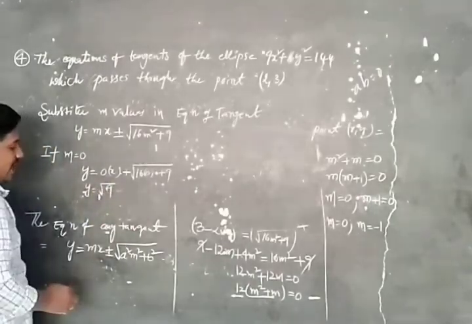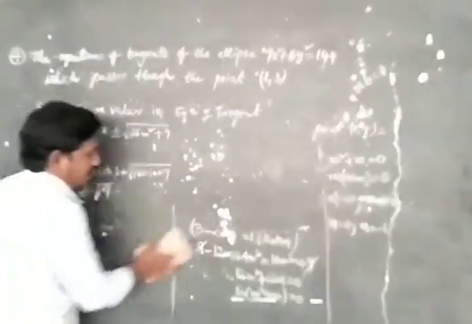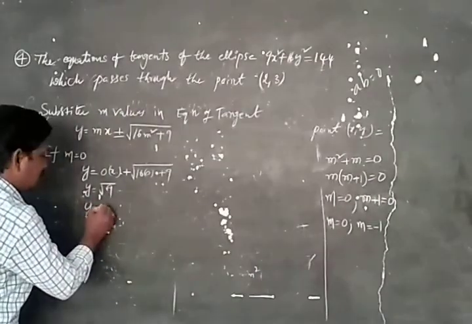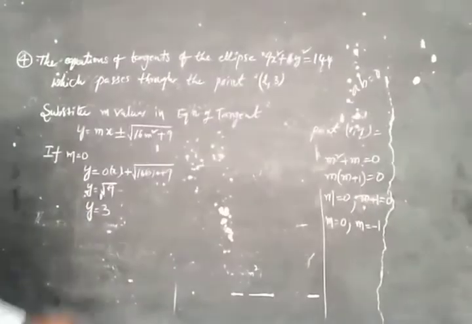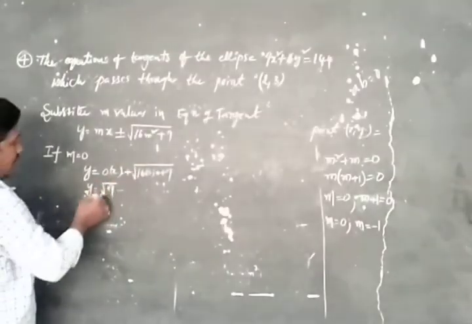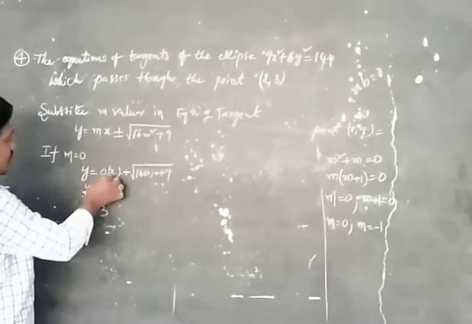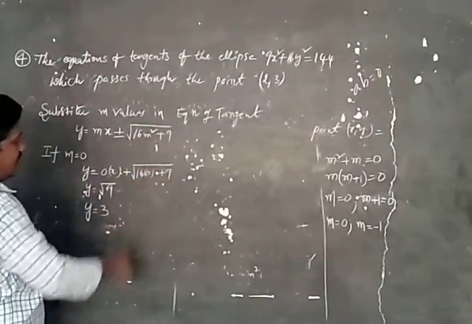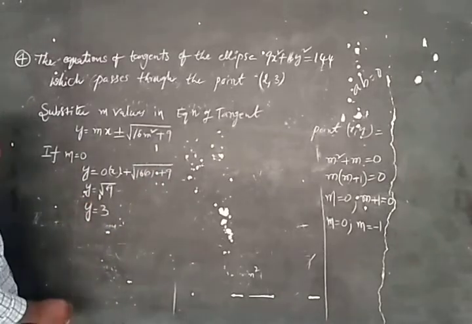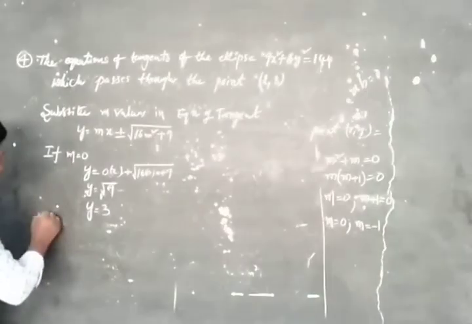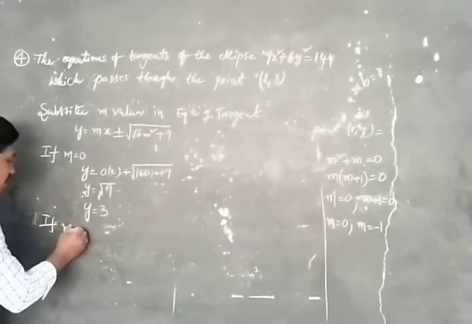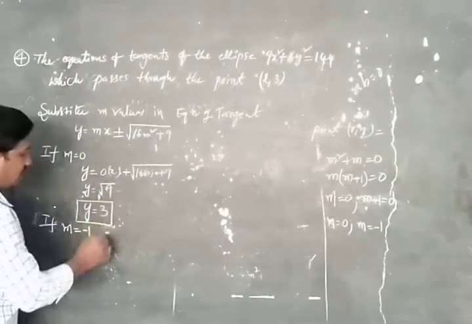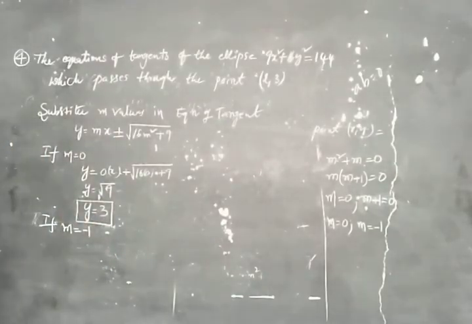Only root 9 is the remaining one. So y equal to 3. Take only the plus value, and 0 into x is 0, 0 into 16 is 0. Only 9 is there, root 9, y equal to 3. This is one of the tangent equations.